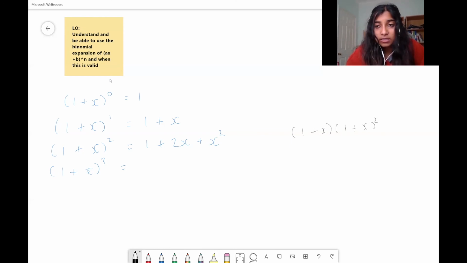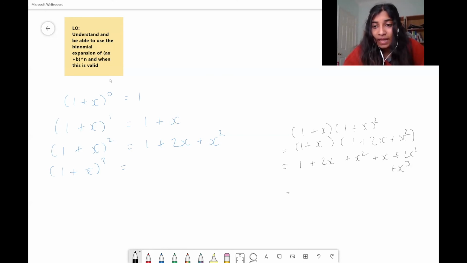So if you add the two powers of the brackets, that would get 3. So then that would be equal to 1 plus x times 1 plus 2x plus x squared. Then if we multiply that out, you'd get 1 plus 2x plus x squared, and then plus x plus 2x squared plus x to the power of 3.